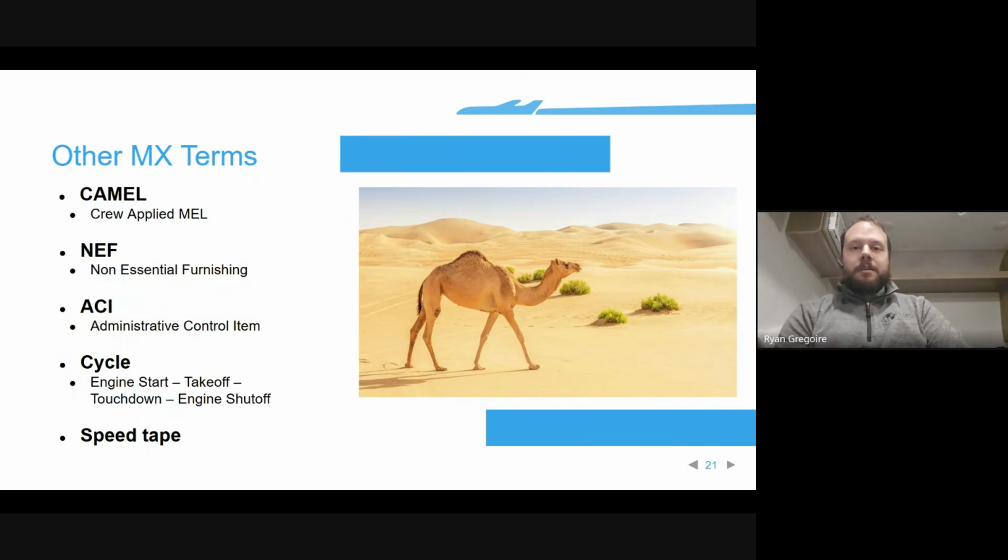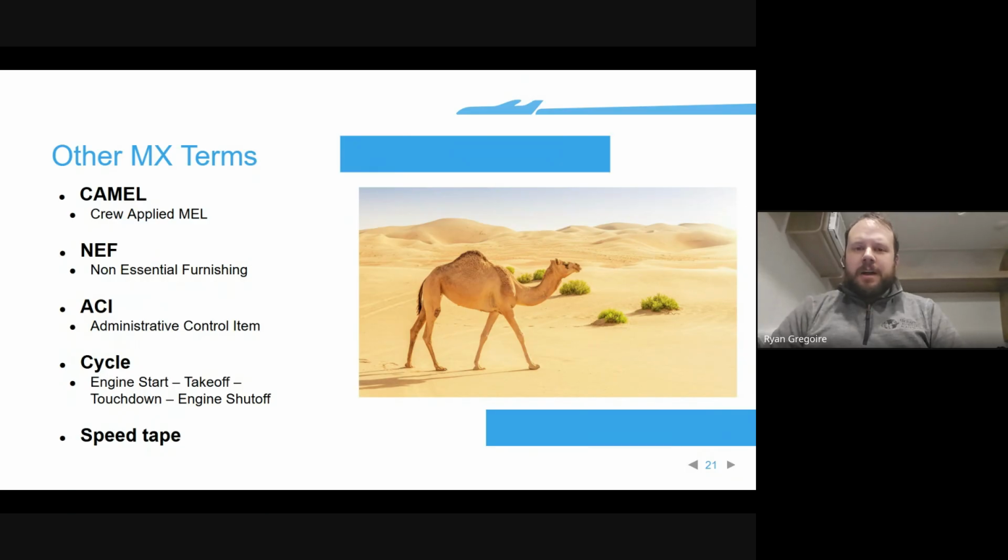The entire lavatory has to be taken out of service. But generally speaking, little trivial items that otherwise would not impact the operation of the flight would fall under that NEF category. Non-essential furnishings.